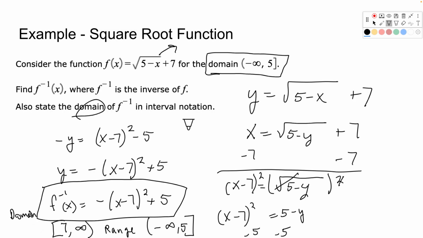So that answer, maybe I'll put it up here. 7 to infinity.